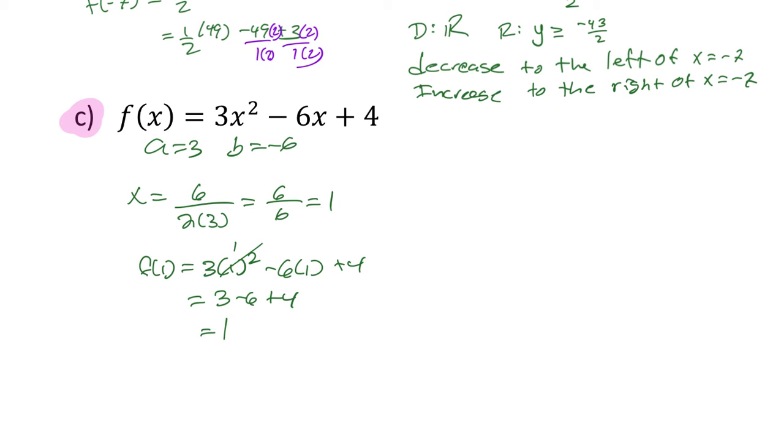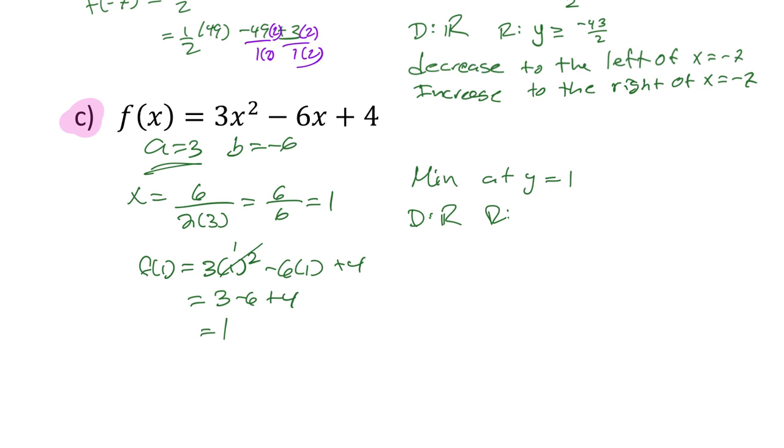So again, this is positive, right? A is positive, so that means that it has a minimum value at y equals 1. Domain, again, is all real numbers.